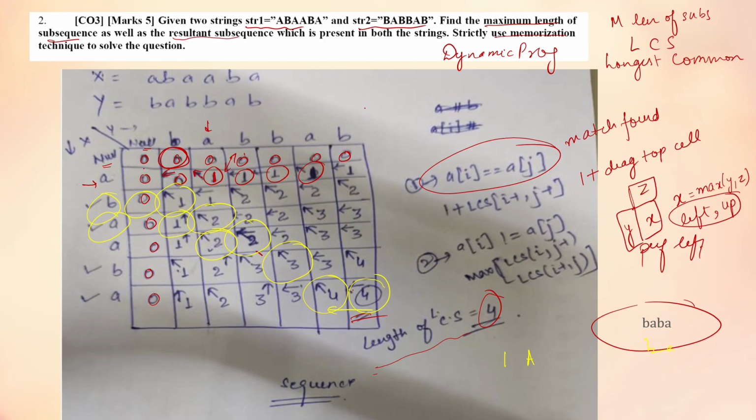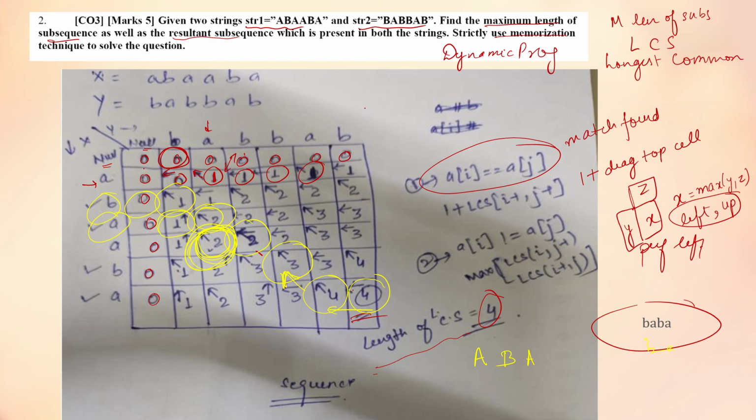You found a letter B. Here you moved up. You found B. Then after that, it matches at A at this position where it's moving diagonally up. I hope you are able to see. So you get A.